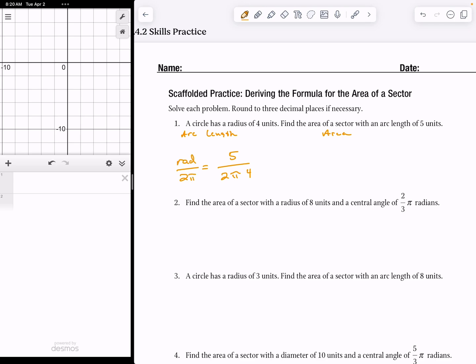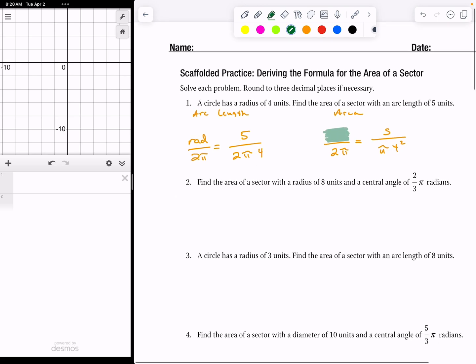I'm going to call that RAD for radian. And then over here, pi r squared, so pi 4 squared. We're not going to know the sector. What we don't know is the radians. That's what we have to find out over here.